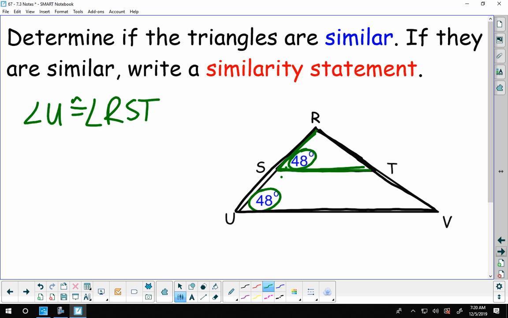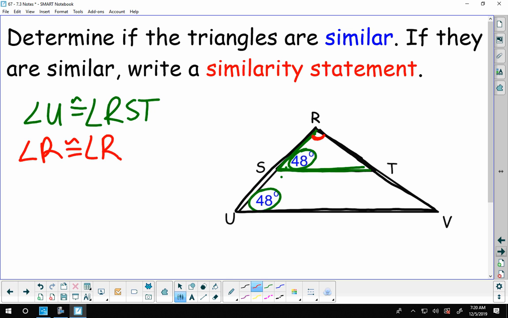So there's one angle. Where's the second angle? It's actually angle R because angle R belongs to the small triangle and the big triangle. So we can just say angle R is congruent to angle R. We could use three letters, but angle R in the small triangle is congruent to angle R in the big triangle.